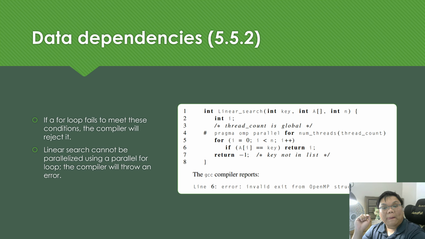Therefore, the parallel for directive only works if you know where you're going to start and where you're going to end. This linear search function is set up such that if it finds a result, it's going to break immediately, or rather, it's going to return immediately. This kind of setup is going to throw an error if you try to compile it.